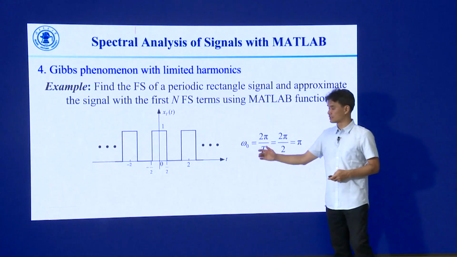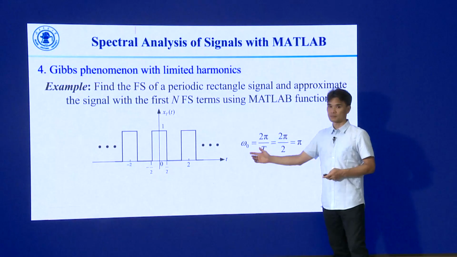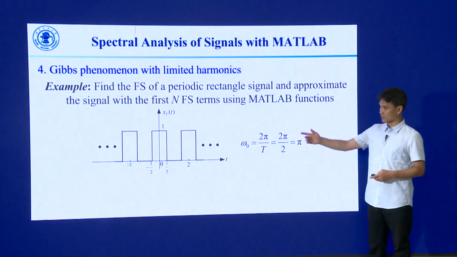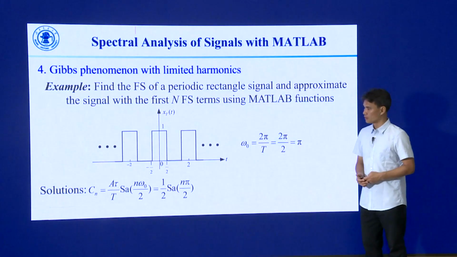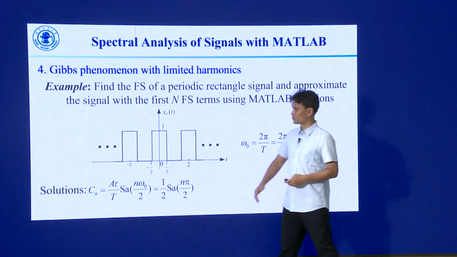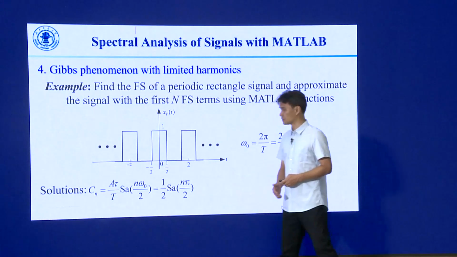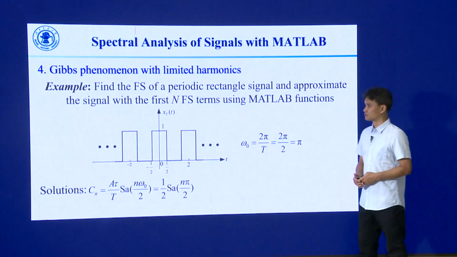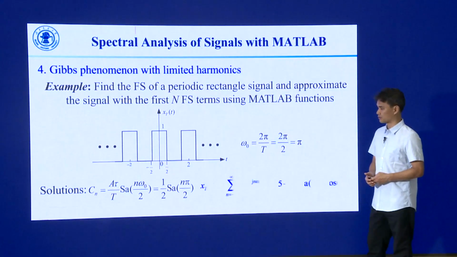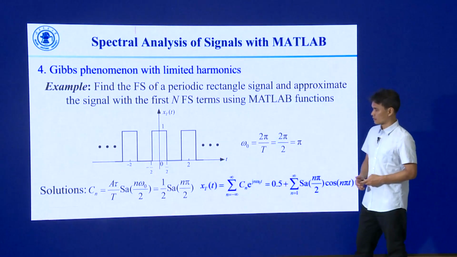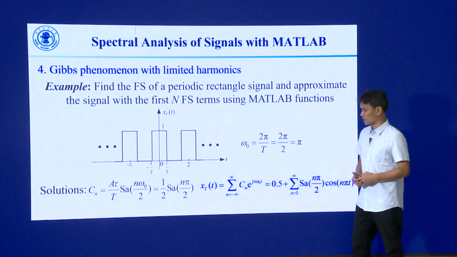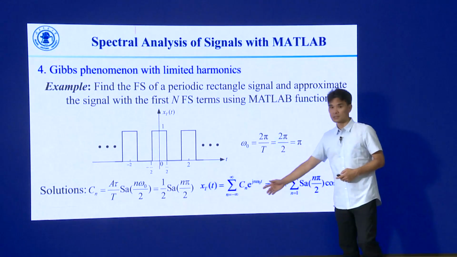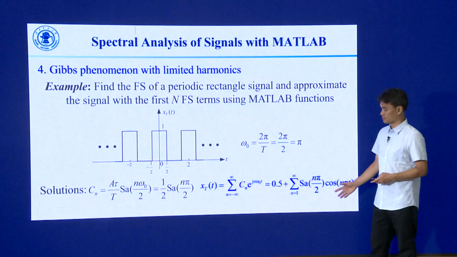And here is the fundamental frequency of the rectangle signal. Based on the Fourier series, we can figure out the spectrum for this given signal in the frequency domain. And we know that the original signal in the time domain can be represented using this infinite number of terms.